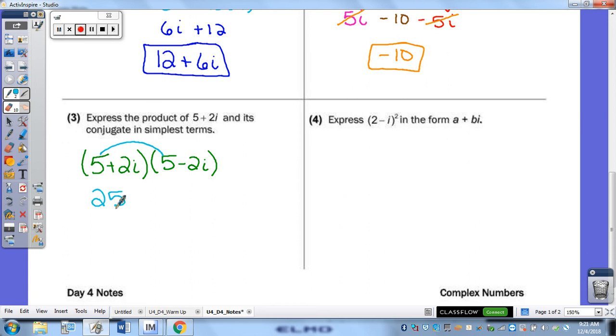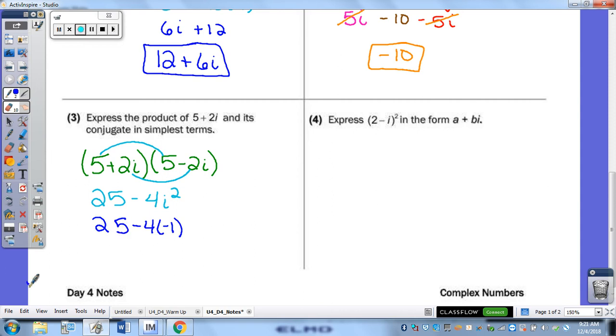gives us 25. And remember again, the whole reason we multiply by that conjugate is it gets rid of the middle term, so we don't even have to multiply for that. We just then also multiply your last two. So that gives us a negative 4i squared. So then again, i squared turns into negative 1 when we simplify it.